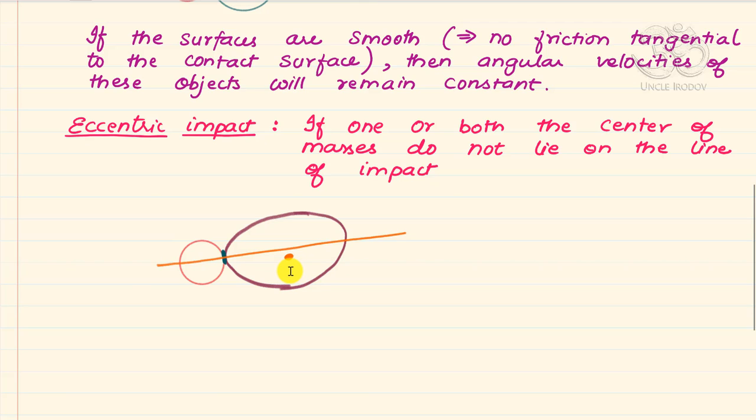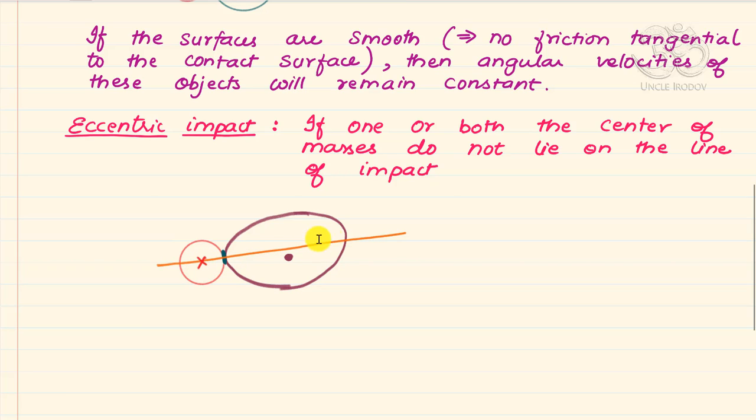So this, in fact, let me make that wine red brown dot. So this is the center of mass of this oval shaped 3D object, and here this spherical object has got the center of mass on this orange line itself, so that's not a problem here.